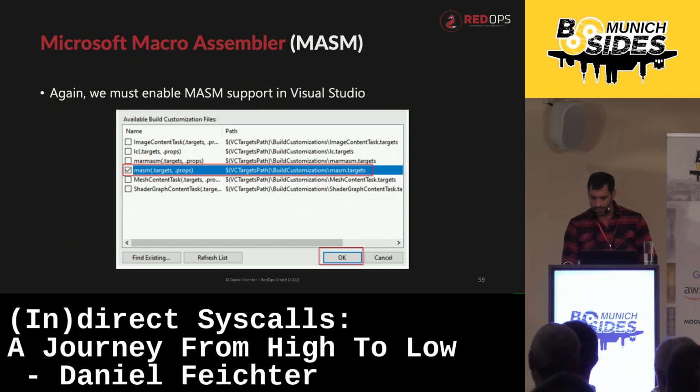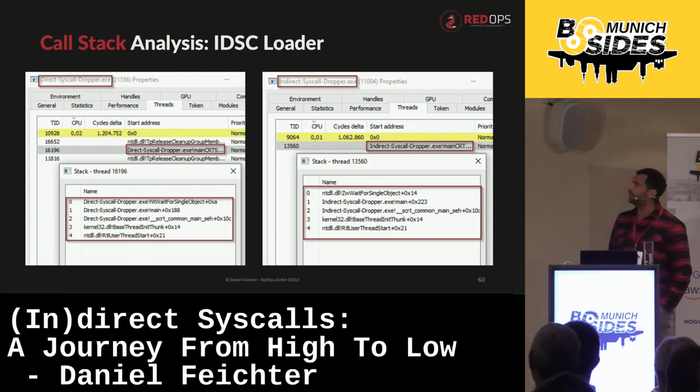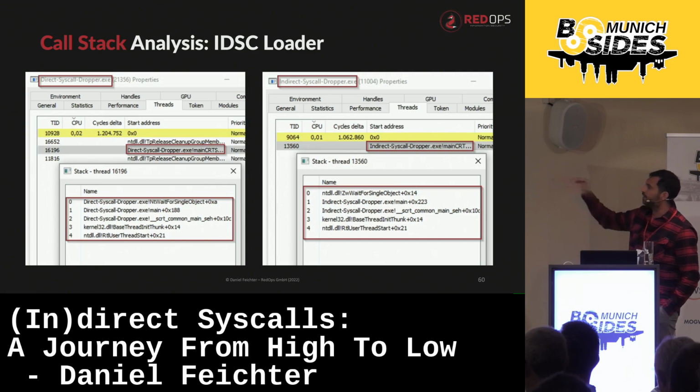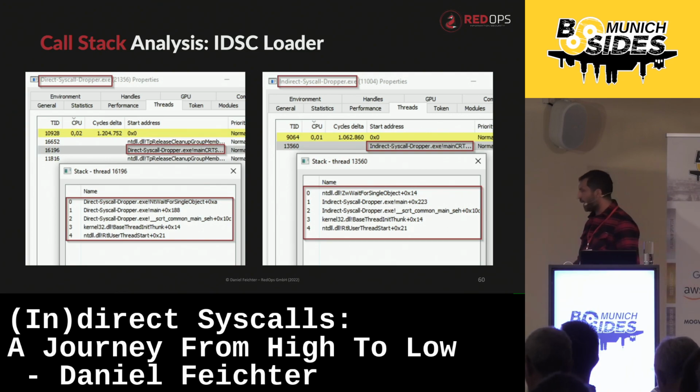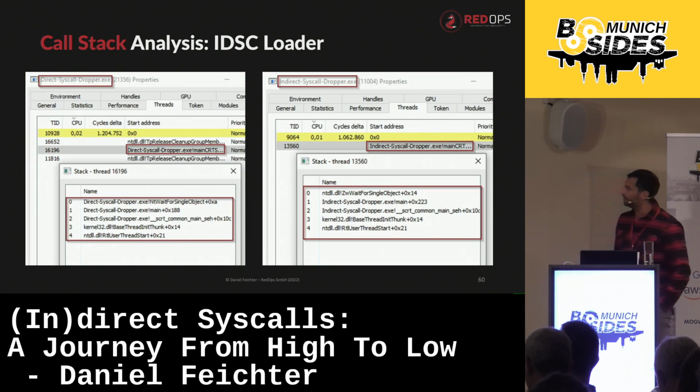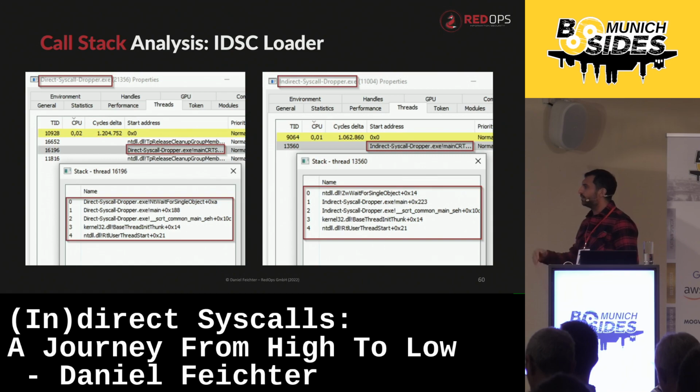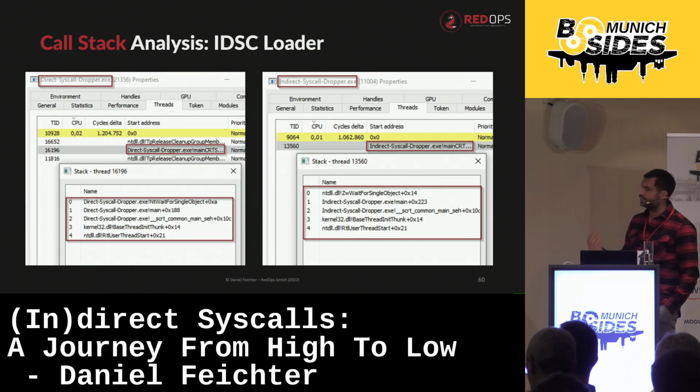And when we now compare the call stack from the shellcode loader, you can see that the indirect syscall loader has a much more legit call stack compared to the direct syscall loader. Why? Because here the last element is the NtWaitForSingleObject API, and it is not executed now from the memory of the shellcode loader itself.